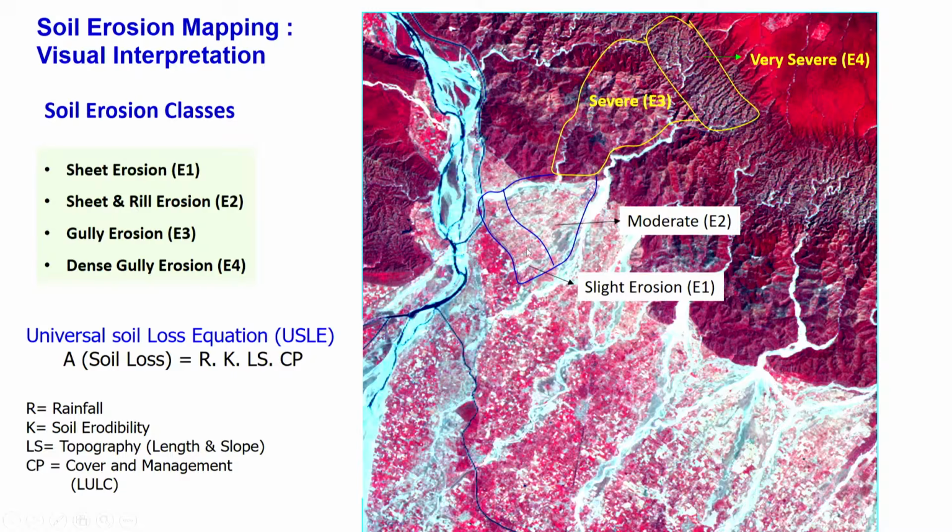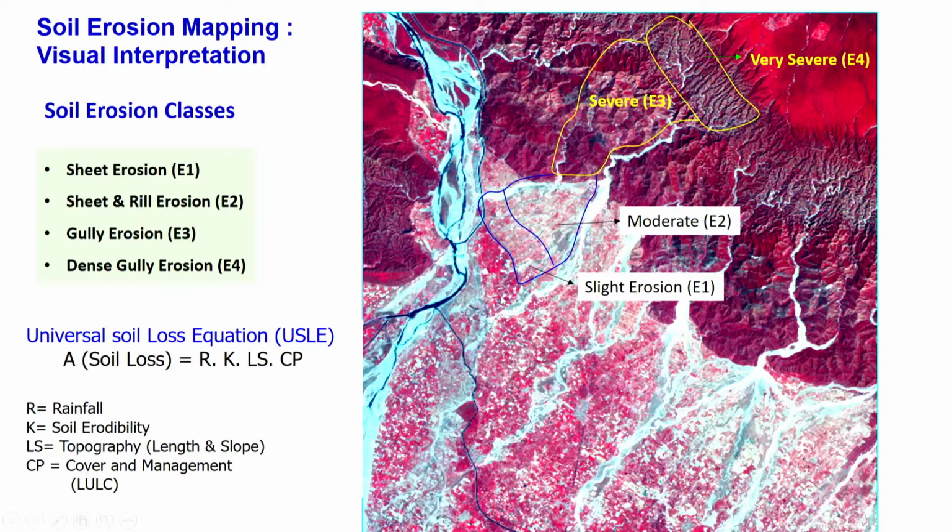And here, if you see, you are getting a little good reddish color, because of vegetation or crop, and the crop is performing better than in this area, so you are getting slight erosion. And here you are getting very good crop, and here you can say there is no erosion.